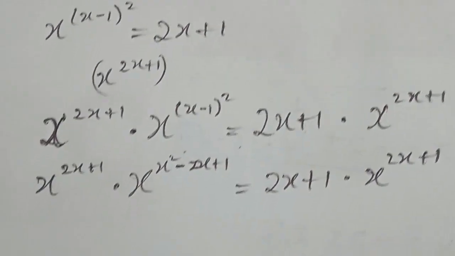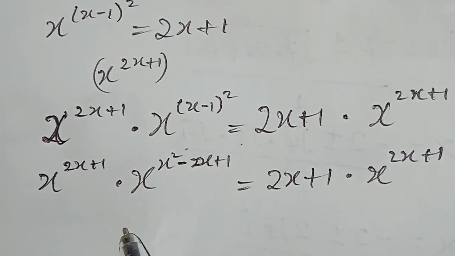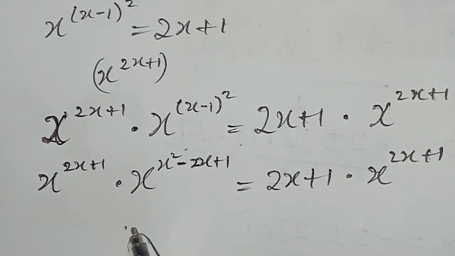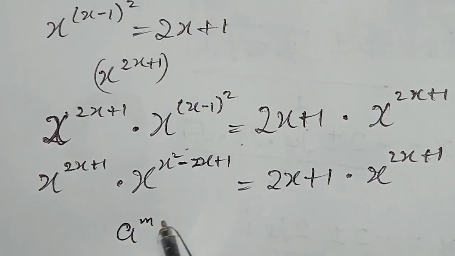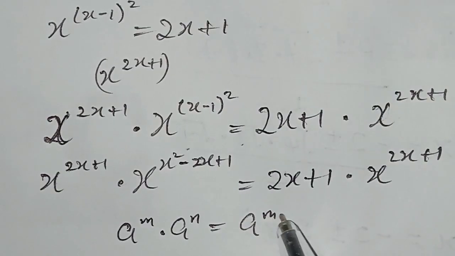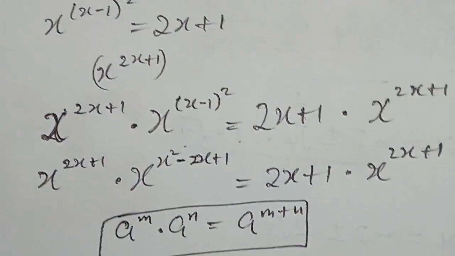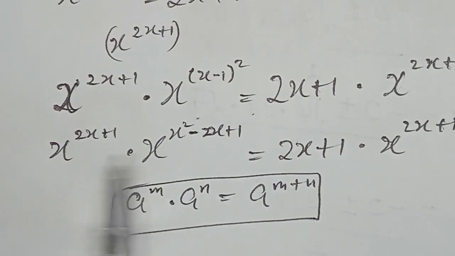Now from here we can combine this using our identity of exponents. We have a to the power of m multiplied by a to the power of n is combined as a to the power of m plus n. If we consider this identity, we can combine this.